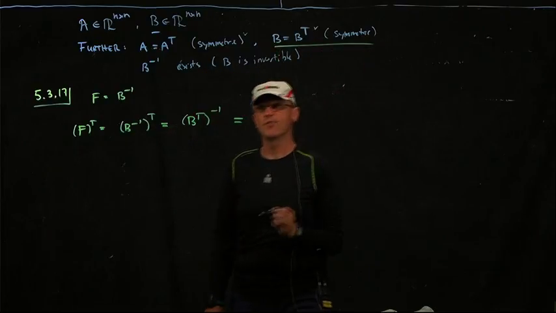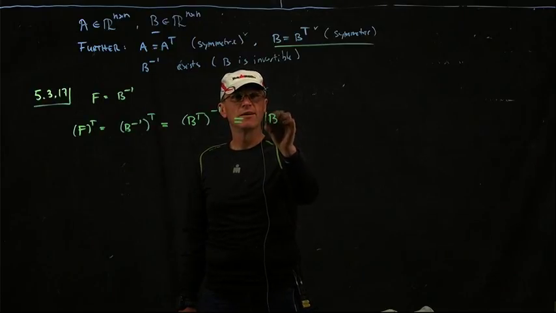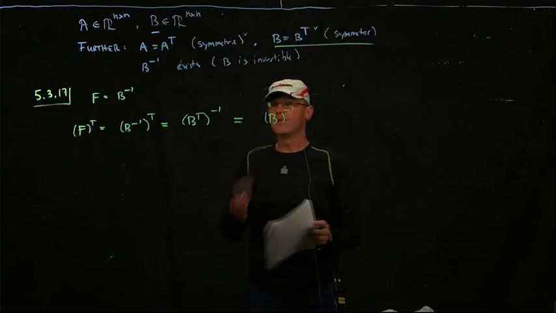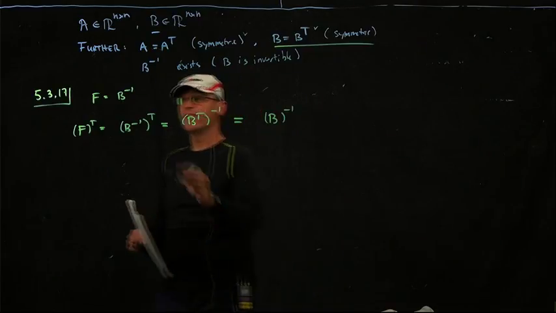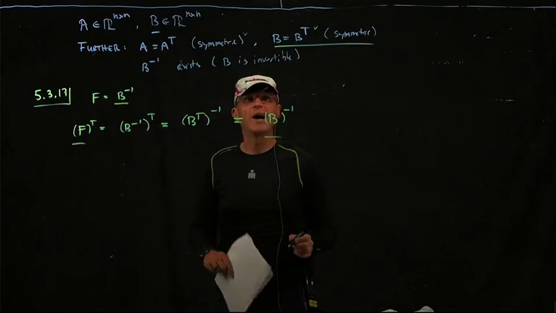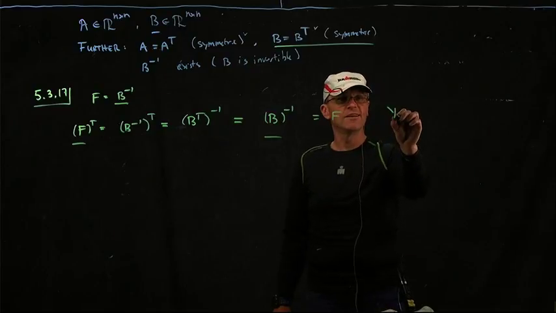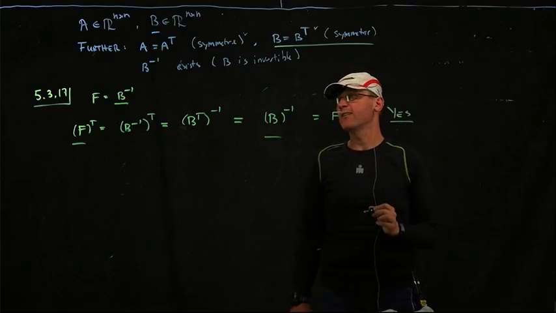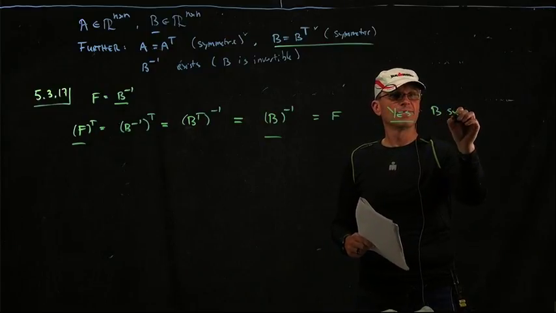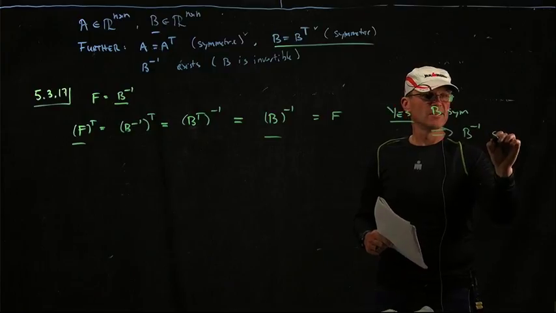B is symmetric, so B transpose is B. So this is B inverse. So when we started with B inverse, we took the transpose, we got it back. So that is F. So in this case, the answer is yes. If B is symmetric, then we must have that B inverse is symmetric.